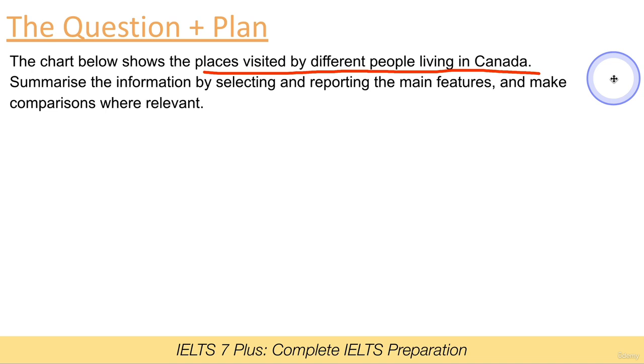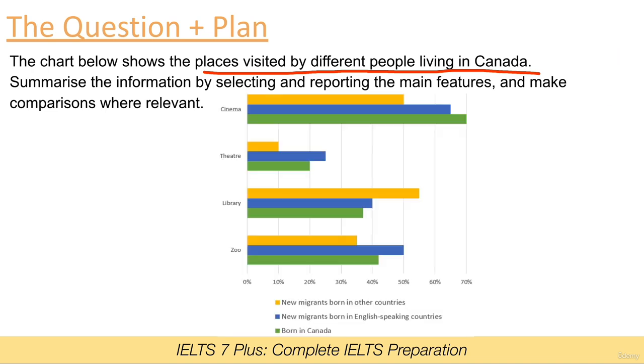Okay, let's have a look at the bar chart. Right, okay. So these different places then, we have our y-axes with them. Places like the cinema, theatre, library, zoo. And the different people we have in yellow, new migrants born in other countries. Okay.